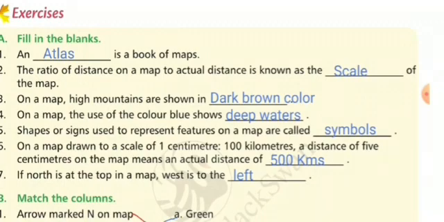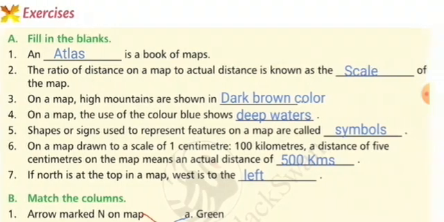Third one, on a map, high mountains are shown in dark brown color. On a map, the color blue shows deep waters. Shapes or signs used to represent features on a map are called symbols.